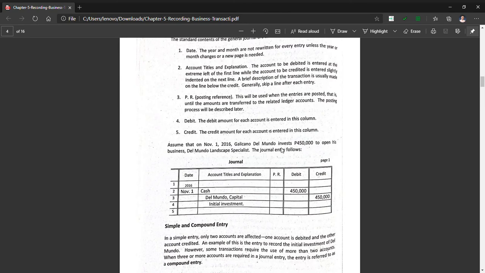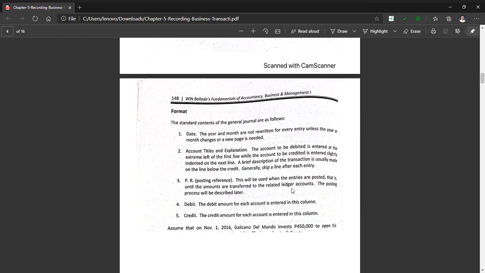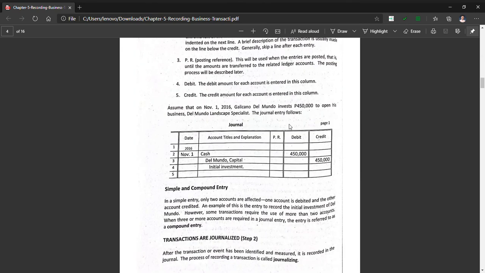Tapos, dahil nag-invest si Del Mundo, capital also increased. So, in this transaction, both the cash and capital increased. The next and last step, using the rules of debit and credit, determine whether to debit or credit accounts to record its increases or decreases. Okay? So, always remember the accounting equation. Asset is equal to liabilities plus owner's equity.